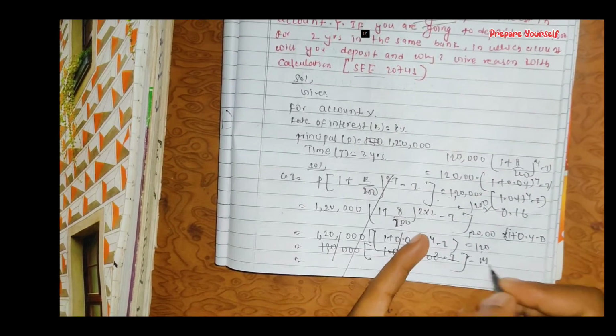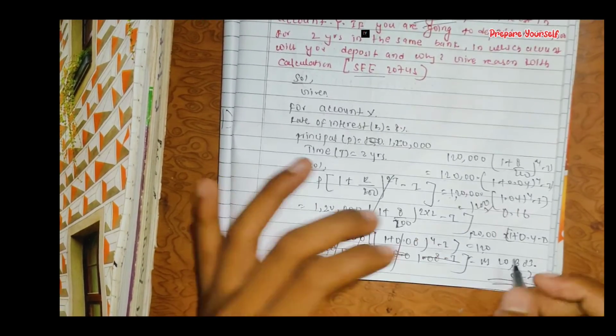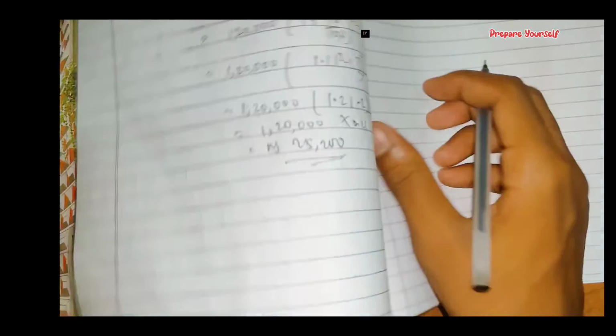So this will become Rs 20,383.027. So this will be the compound interest for semi-annually in account X.